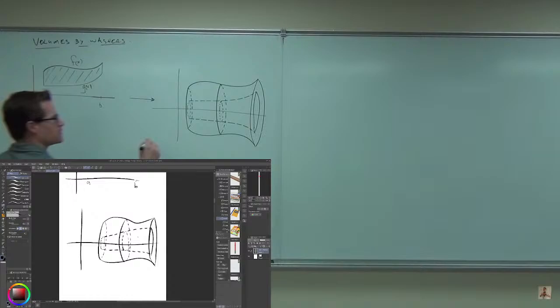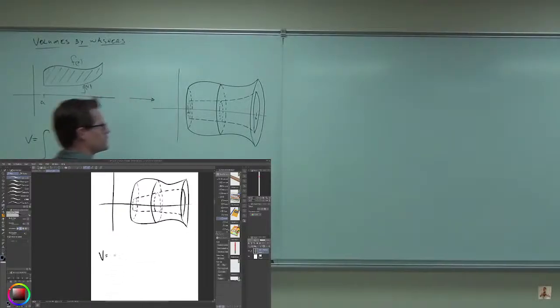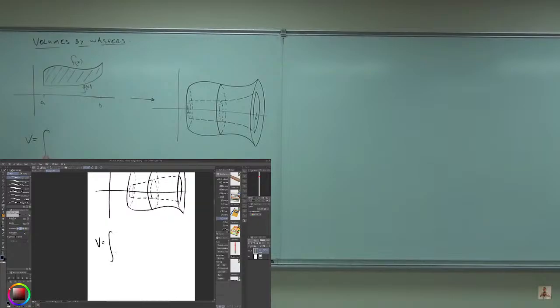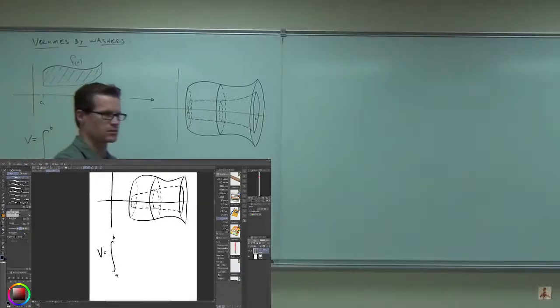But let's think about this for a second. If it's circular in nature, then this should work for us. The volume should still be some integral from A to B. How we did the volume of any solid is we integrated the surface area of our cross section.